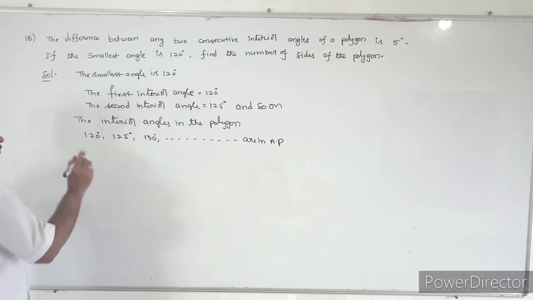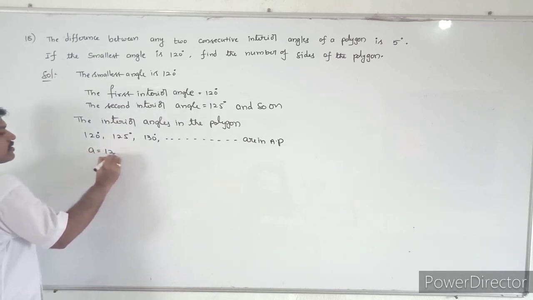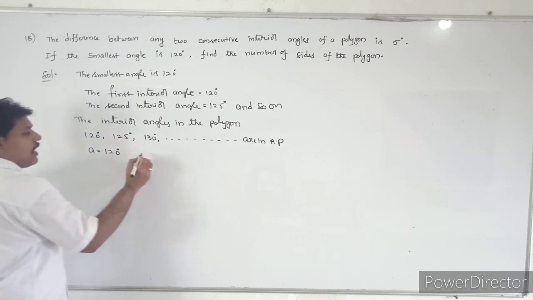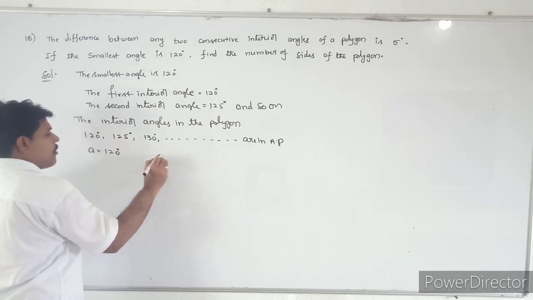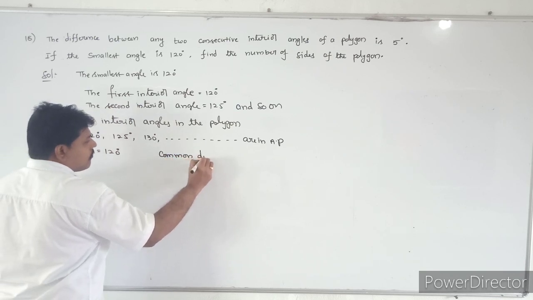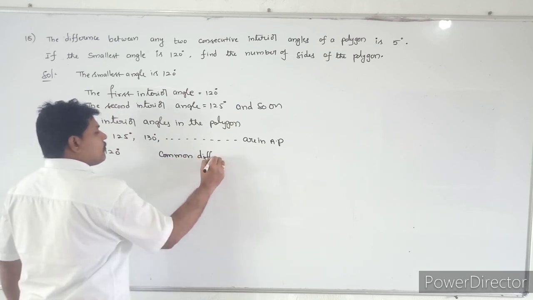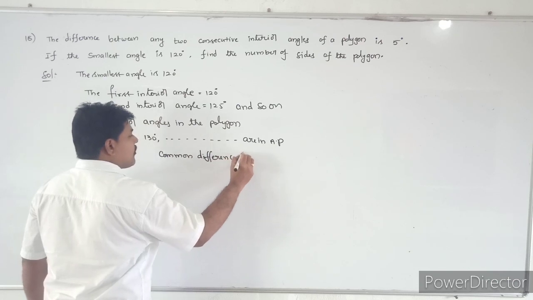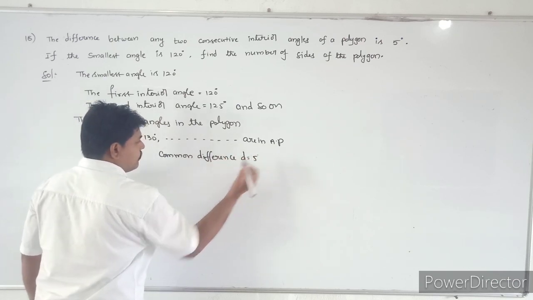So here, what is a? a is equal to 120 degrees, and that is the first term. That is d, the common difference. What is the common difference? The common difference d is equal to 5.